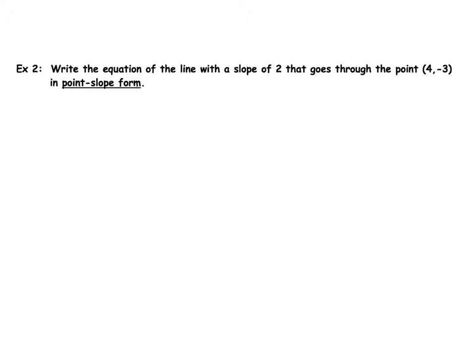An example of writing an equation of the line with a slope of 2 and passing through the point (4, -3) in point-slope form. Going back to our form, you know it's y minus y1 is equal to m times x minus x1.